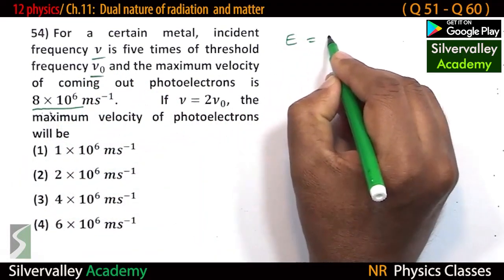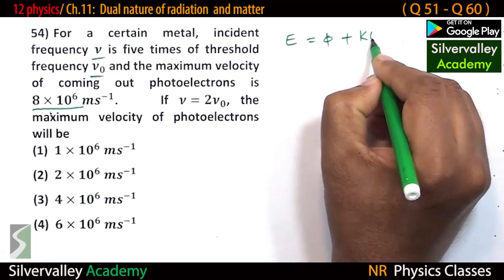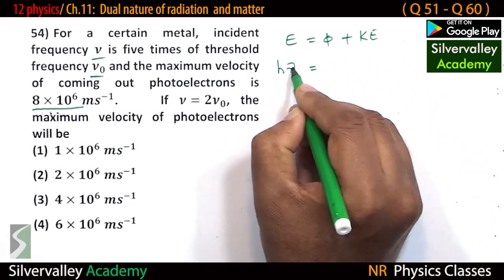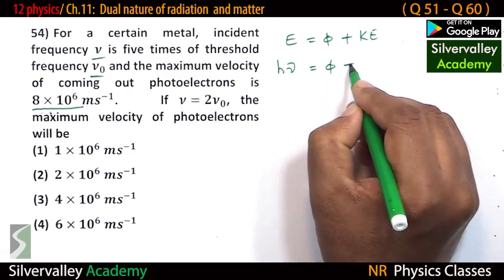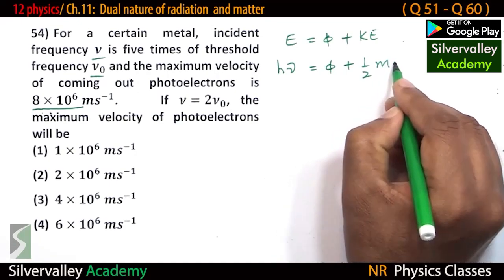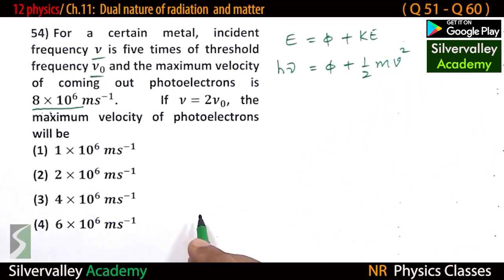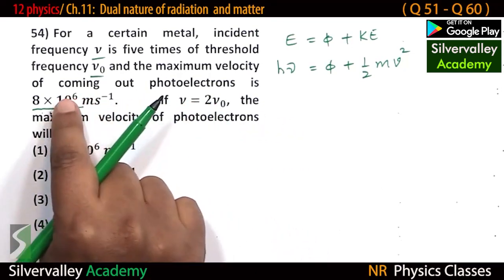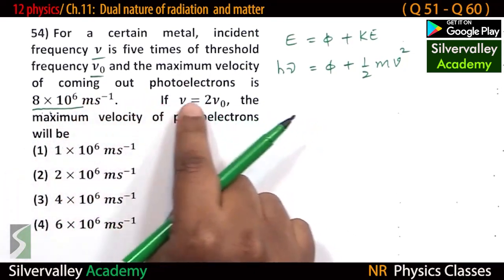E equal to work function plus kinetic energy. In terms of frequency, that is h nu equal to phi plus kinetic energy, which in terms of velocity is half m v square. So you can understand that we have to play with two simultaneous equations.